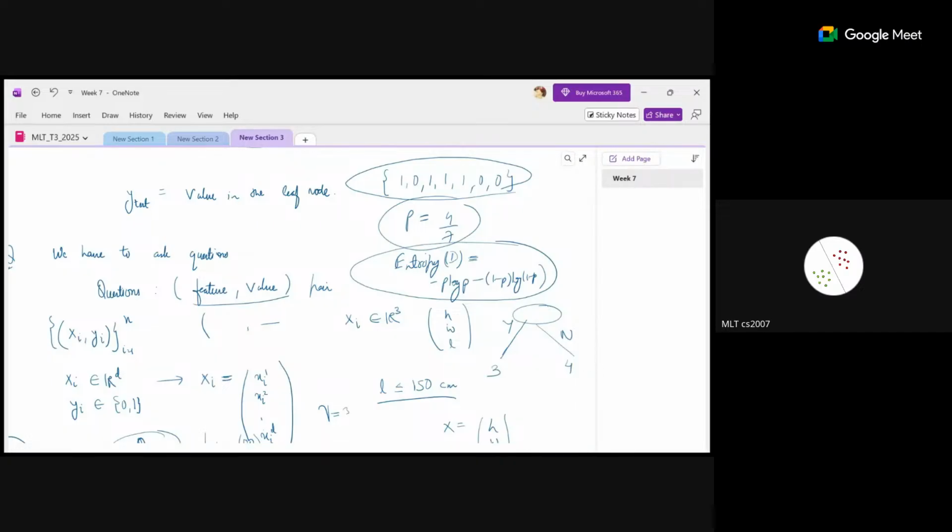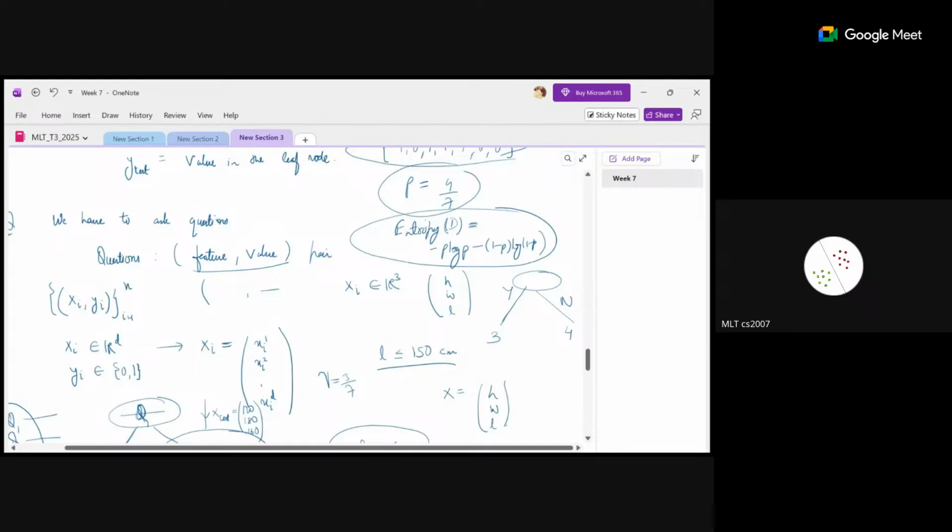Gamma is 3/7, right? Gamma was the proportion of data points that fell to the yes side, and the proportion that fell to the no side was 1 minus gamma. So the proportion that fell towards the yes side is 3/7, and 1 minus gamma would be 4/7.